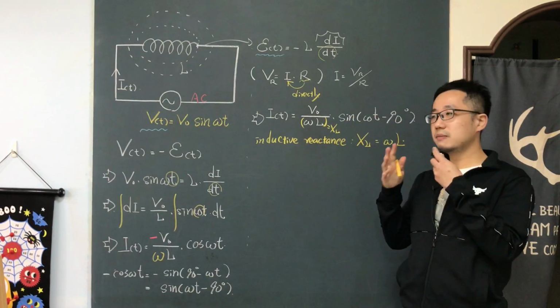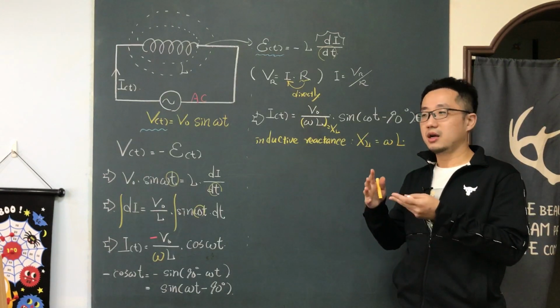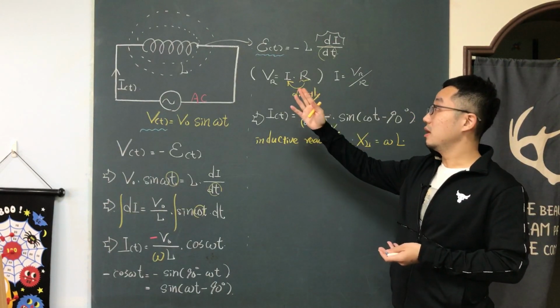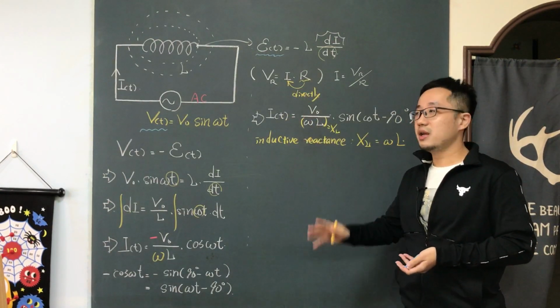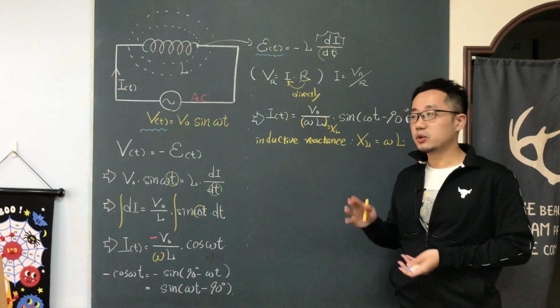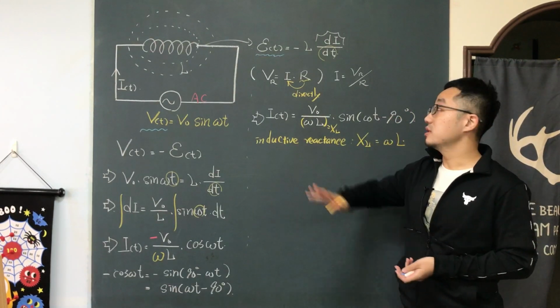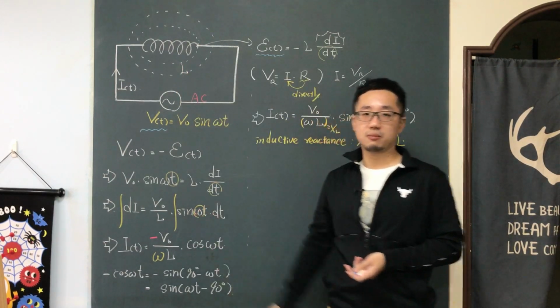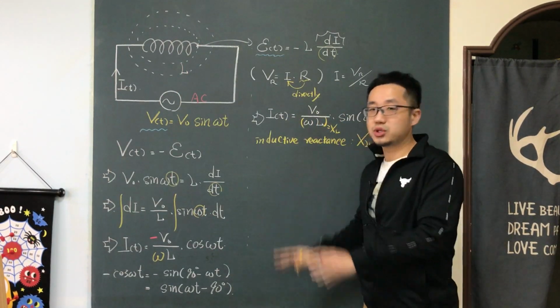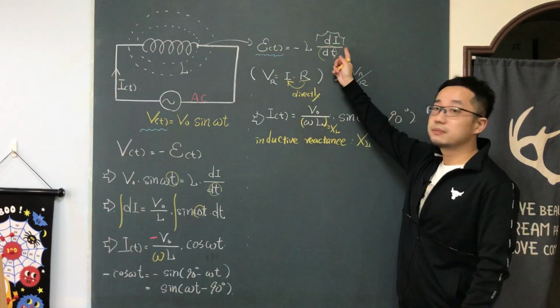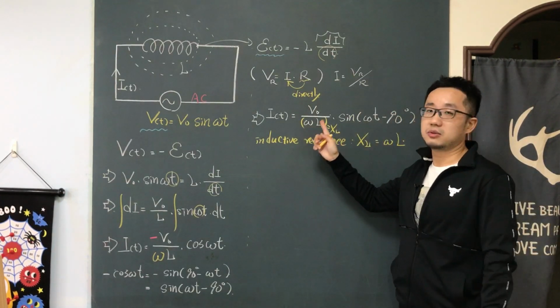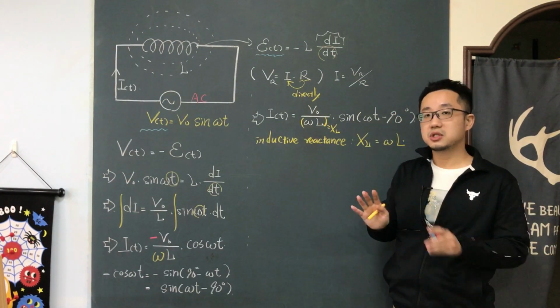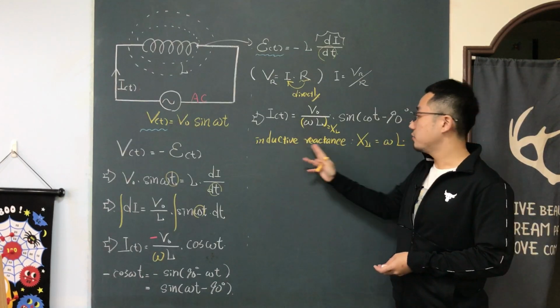This is just like some kind of resistance provided by your inductor. However, it is not resistance. We call it the reactance. Since the nature of the coil of wire would like to oppose the change of the magnetic flux, it would like to oppose the change of the current. So this is something like resistance, but it is not resistance. We call it the inductive reactance.